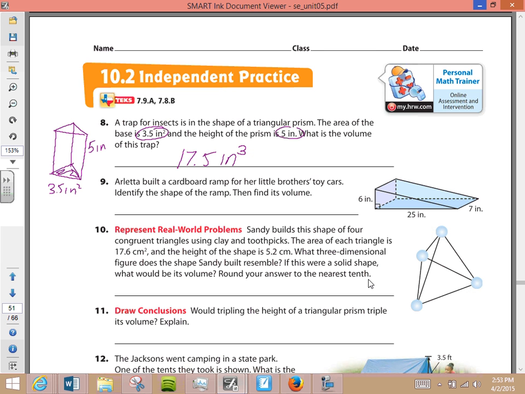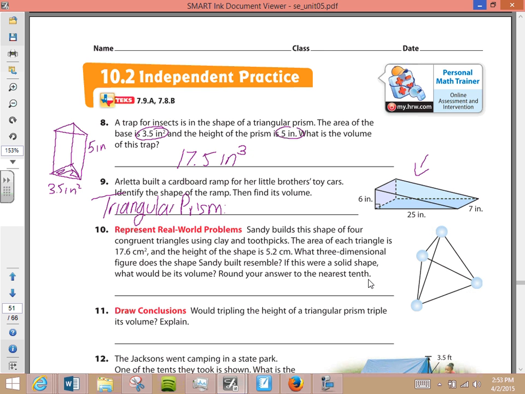Arletta built a cardboard ramp for her little brother's toy car. This thing right here. Identify the shape of the ramp. What is it? The shape, what is it? Triangular prism. Why isn't that a pyramid? Oh, the sides are rectangles, not triangles.